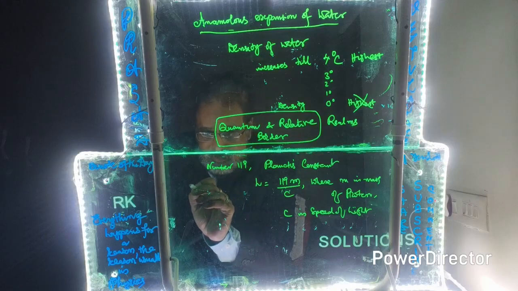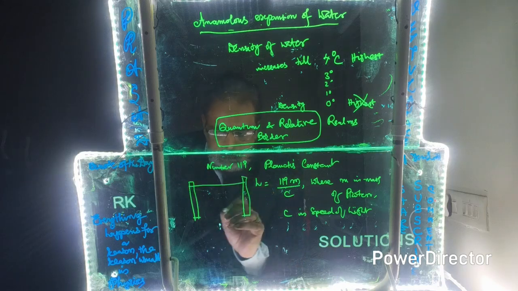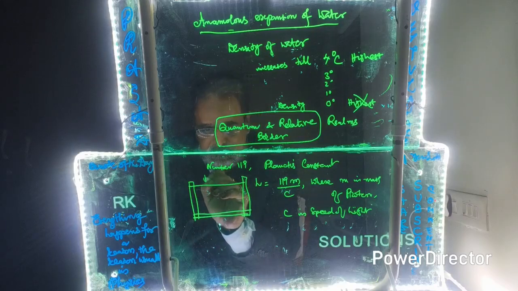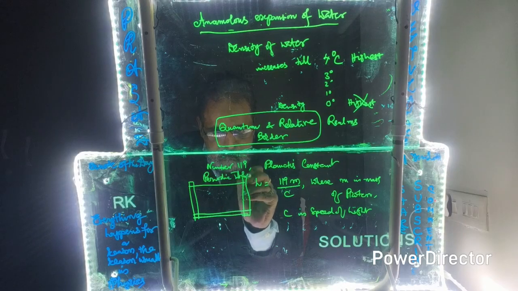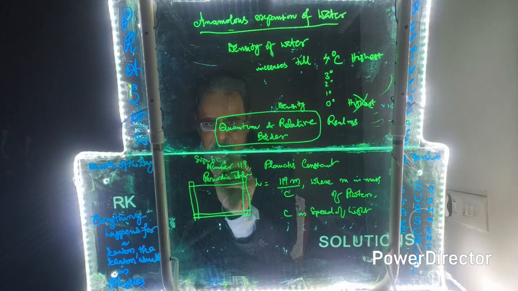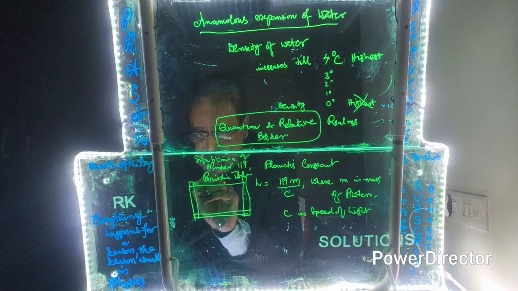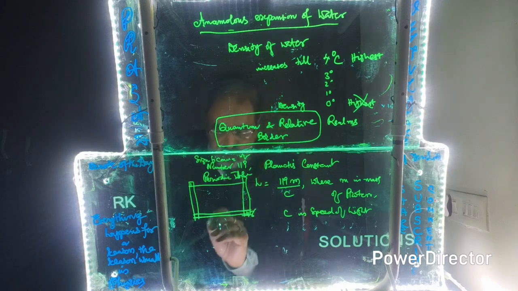So this number 119, in the last video, watch my previous video. In that, I explained the periodic table, while explaining the significance of number 119, that the periodic table starts with 1 and ends with 118.